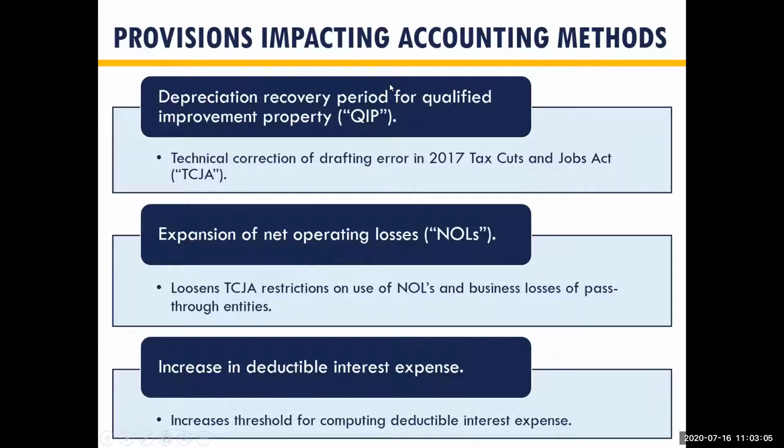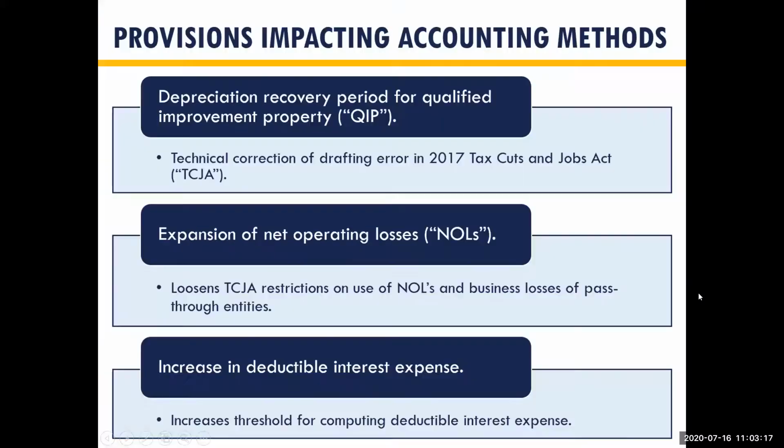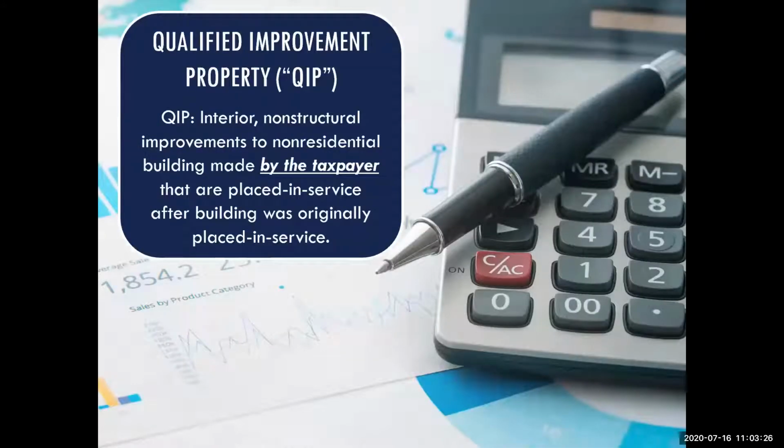And with respect to these particular areas, the first one we're going to jump right into is the technical correction with respect to depreciation for qualified improvement property. And the definition you see on the next slide, that qualified improvement property, or QIP, there's some important words that we need to focus on here.